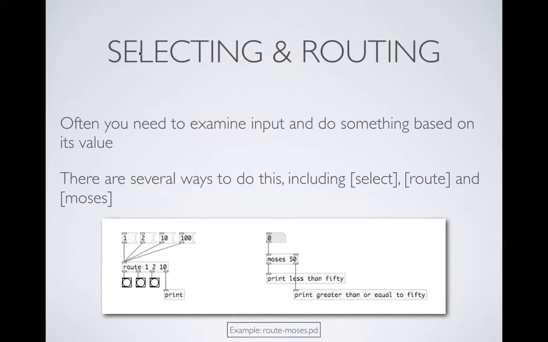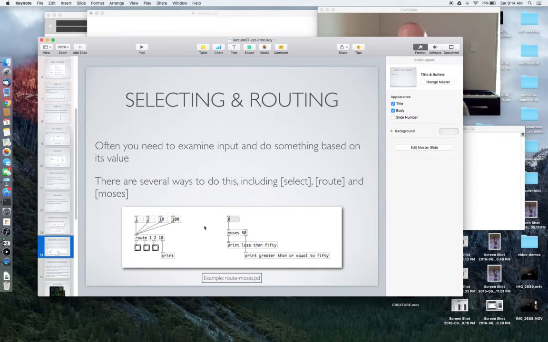If the user inputs a number that's less than 10, then display the color yellow, that kind of stuff. And in PD, if you're used to text-based programming, getting used to the way PD does this kind of thing can take a bit of adjustment. There are several ways to do it, a number of different objects, like select, route, and Moses. So let me show you some of those now.